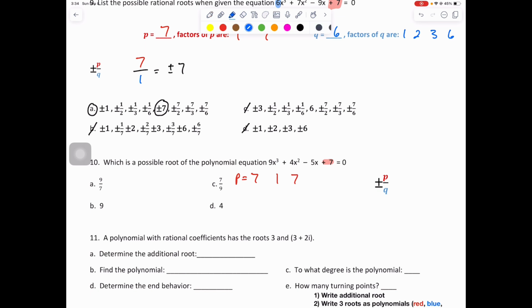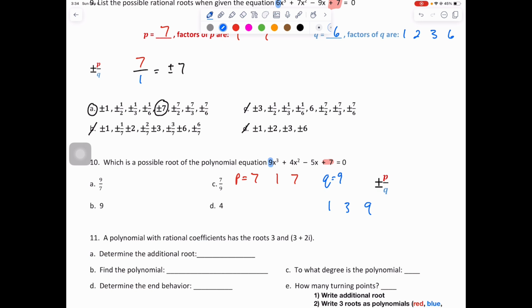Then let's identify our q term. Our q term is that leading coefficient, which is 9. So q equals 9. For our q, we'll use 1, 3, and 9. We don't want to use 3 twice due to 3 times 3, so we'll just use 3 once.